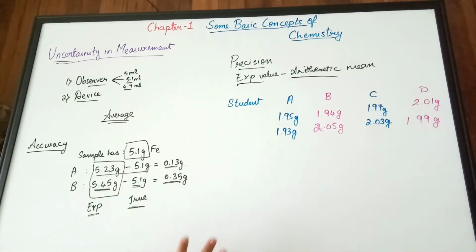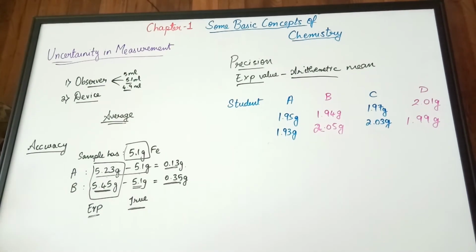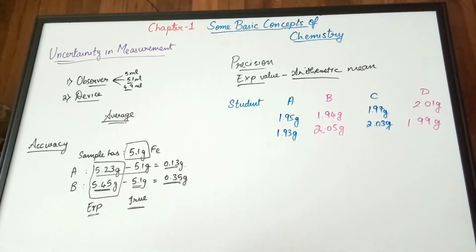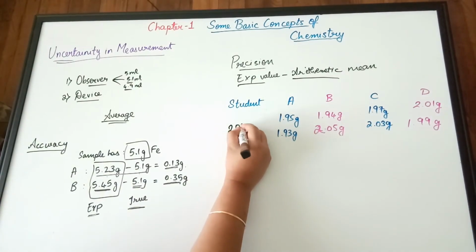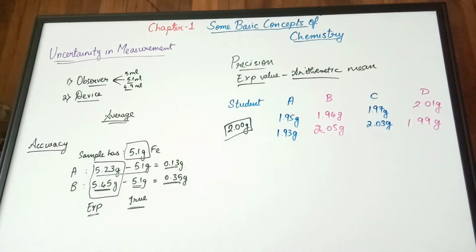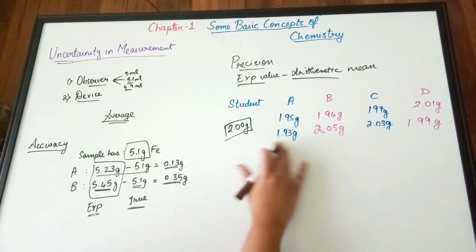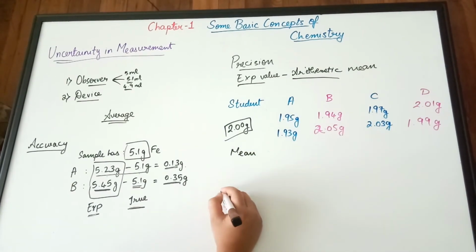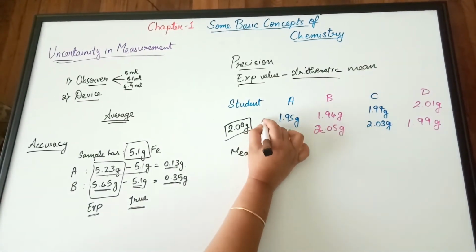Here I've given you values by 4 different students who've performed the same experiment, and the true value is supposed to be 2.00 grams. We need to figure out who's accurate and who's precise. To start with, let's first calculate the mean.